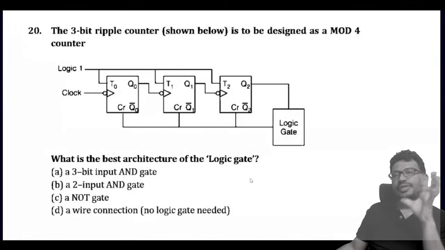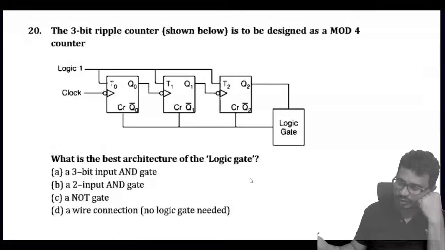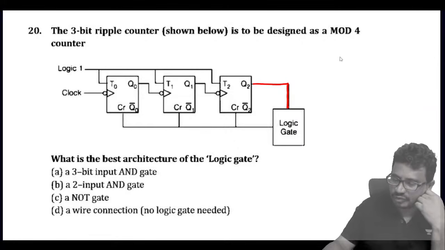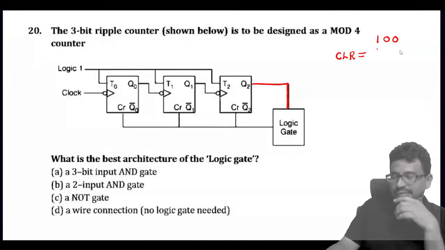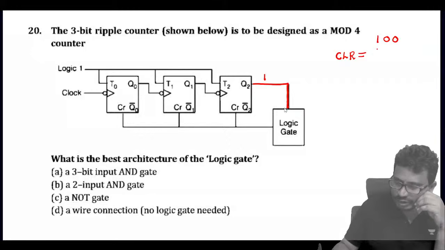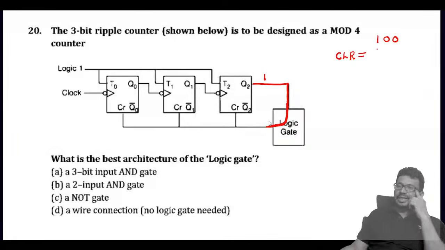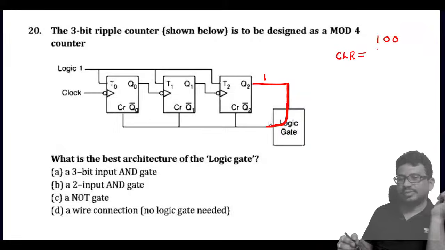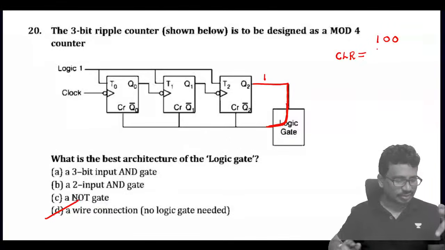For a mod 4 up counter, you can see when we need to activate the clear pin, that is at 1 0 0 we need to activate. This is Q2. The moment this is 1, if I connect like this, the clear pin will get active. So do you need any logic gate? No logic gate is required, simply wire connection.